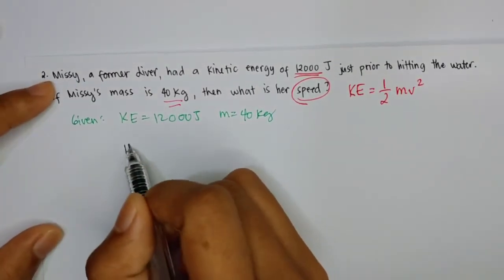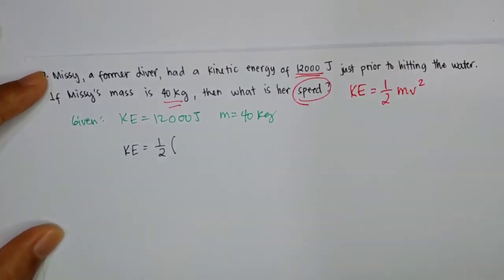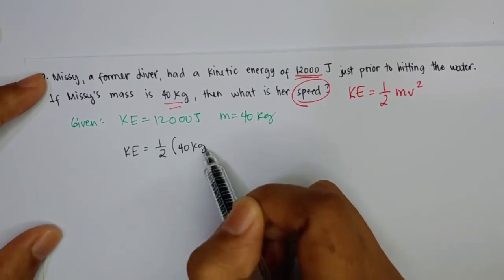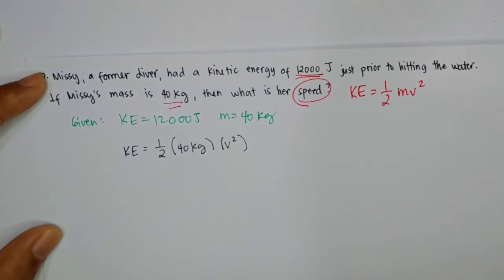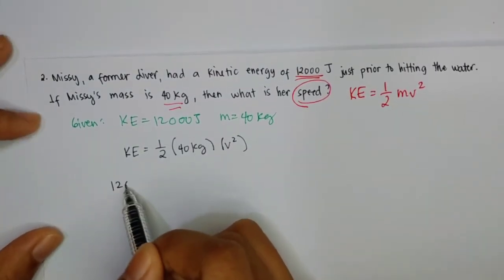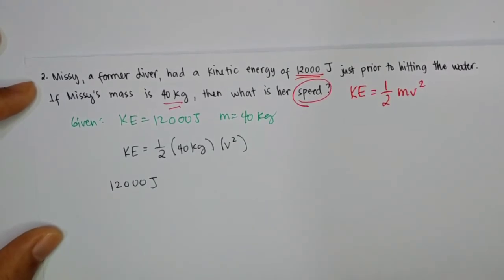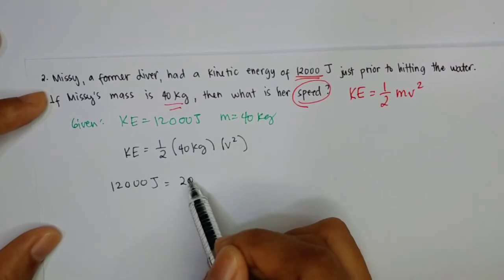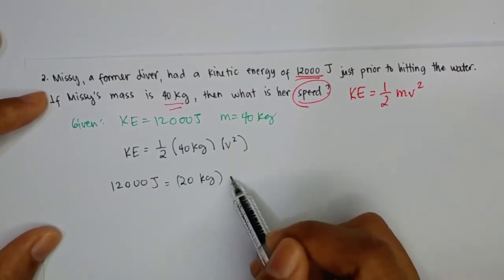That will be KE is equal to 1/2 times our mass, that is 40 kilogram, times our velocity, our speed, that is unknown. So, our kinetic energy is 12,000 joules. That is 1/2 ng 40, we have 20 kilogram times our v squared.